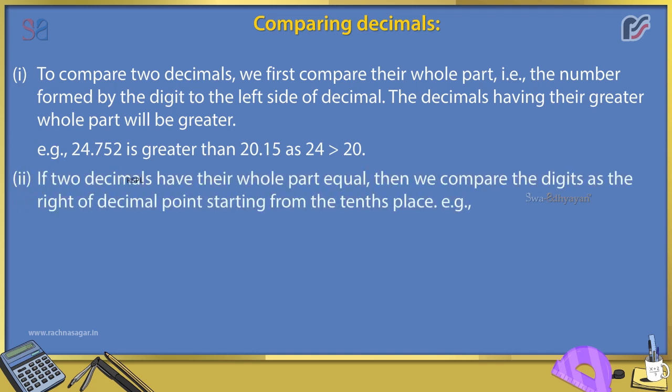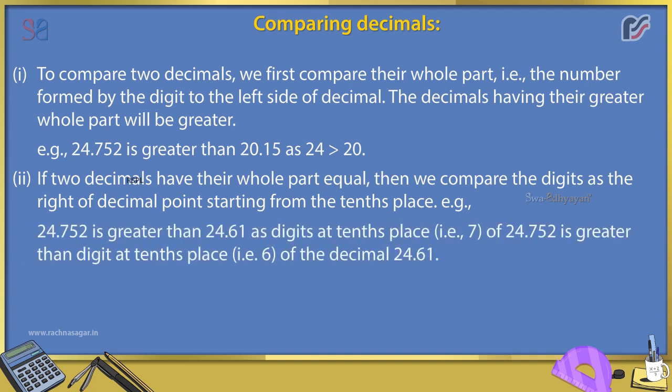2. If two decimals have their whole parts equal, then we compare the digits to the right of the decimal point starting from the 10th place.